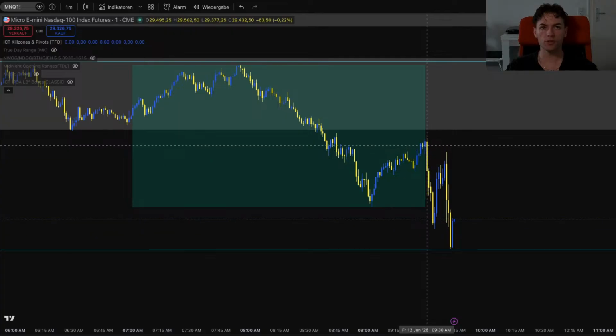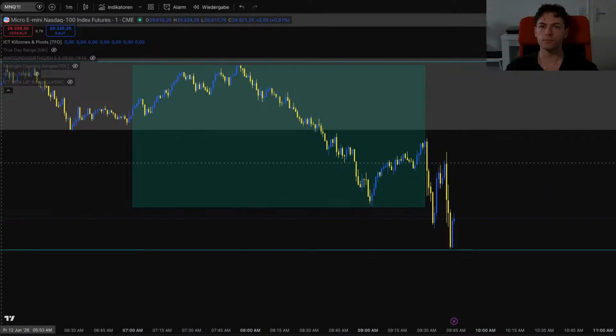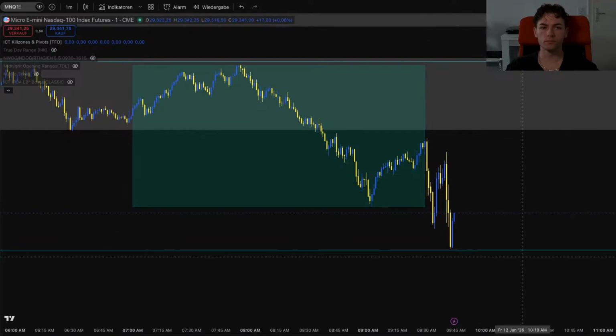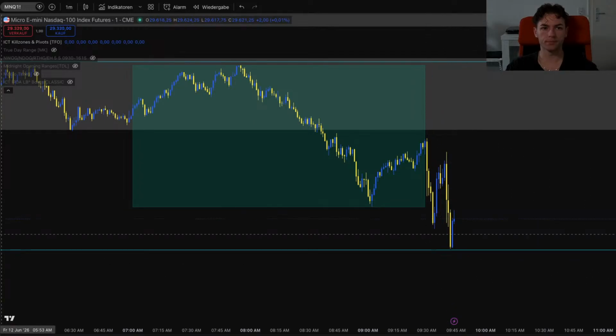Okay, opening range gap is kind of small, to be honest. Tiny little opening range gap.